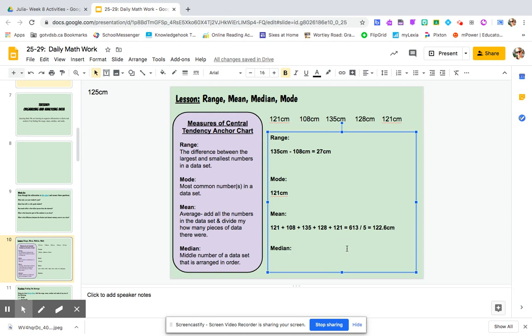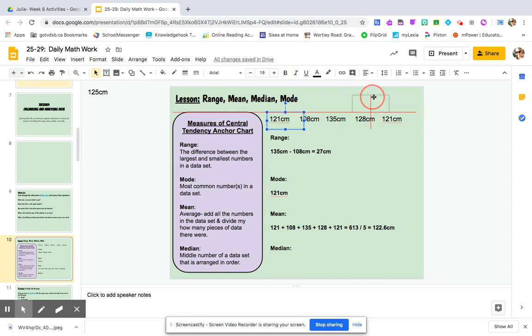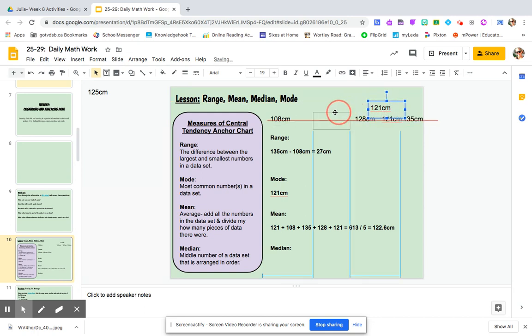Now, the last one is called the median, and the median is the middle number in our set of data when it's arranged in order. And I'm going to tell you right now that arranging it in order is the most common mistake a grade 6 student will forget to do. So you're going to start by rearranging this data into order. So I'm going to go ahead and put the smallest number first, and get these all into order from smallest to largest.